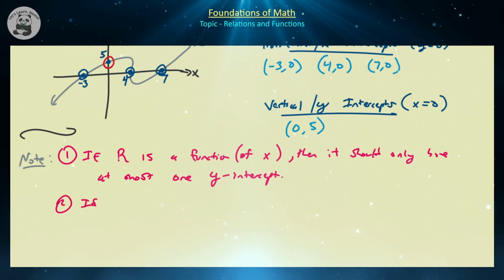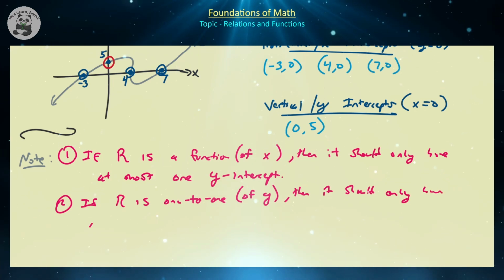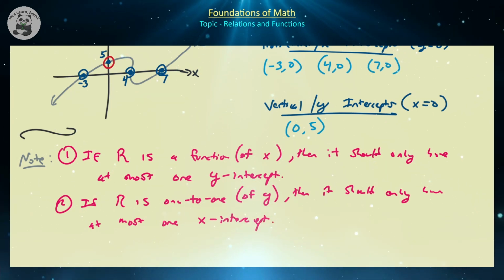And 2, if R is 1 to 1, with respect to y at least, then it should only have at most one x-intercept. And you can sort of think about why that is the case.